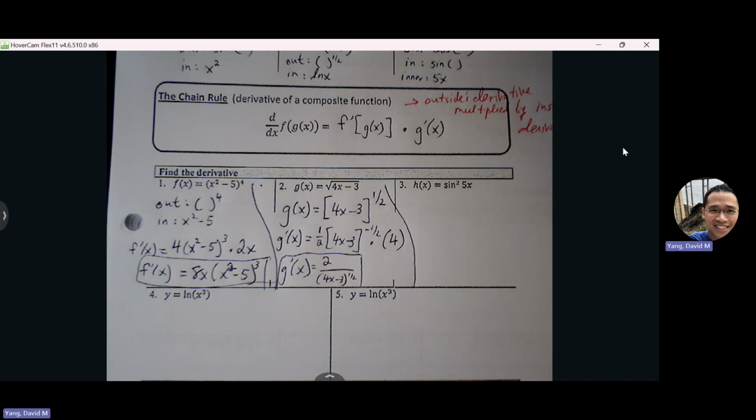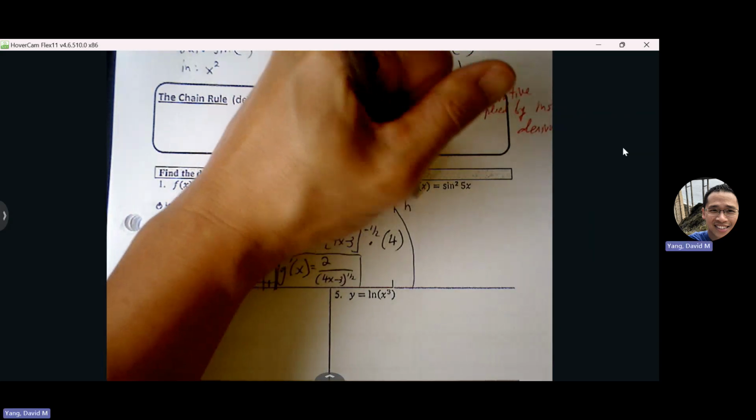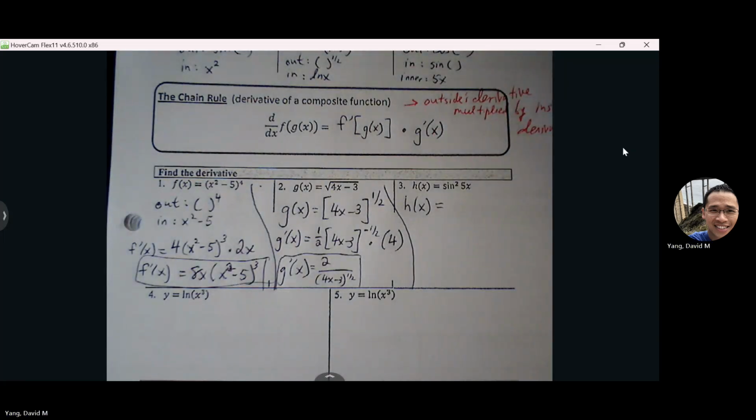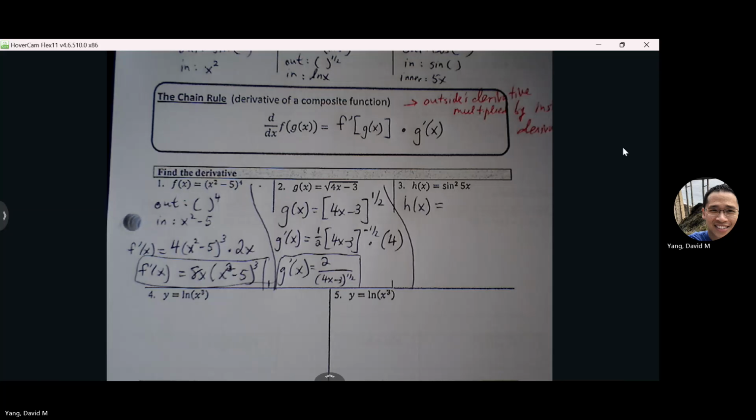Number 3, what's a way that we can rewrite this using parentheses or brackets? Or what does this squared mean? Or what's that impacting? All of it, right?